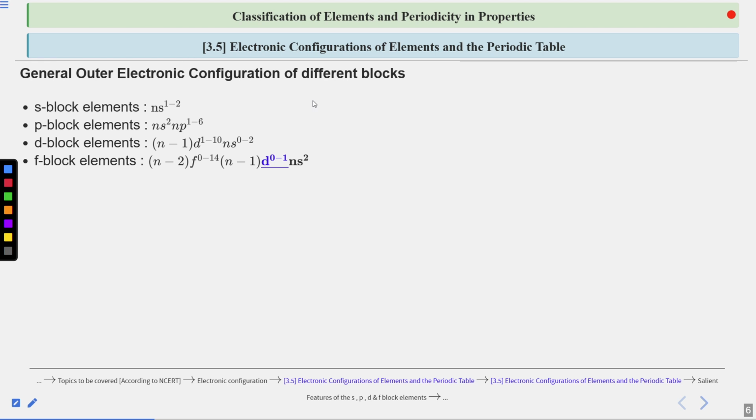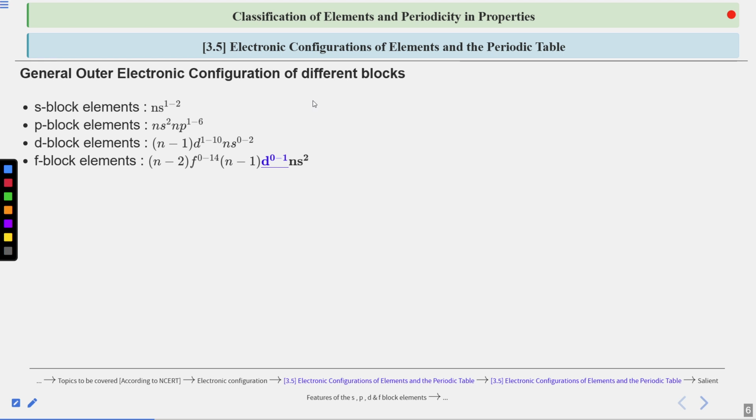So again, if I try to look at all of this, then first is ns1, second is ns2, np1 to 6. For D we have (n-1)d1 to 10, ns0 to 2. So S can be 0 or it can be a maximum of 2 also. But D should be filled with at least 1 electron.